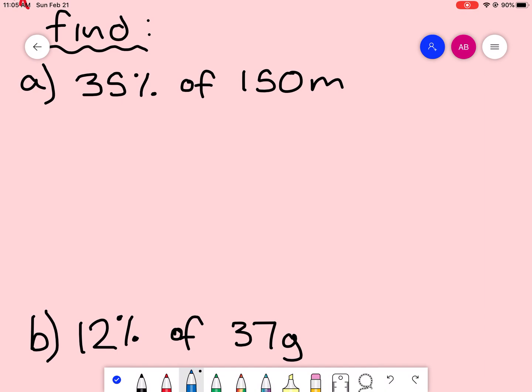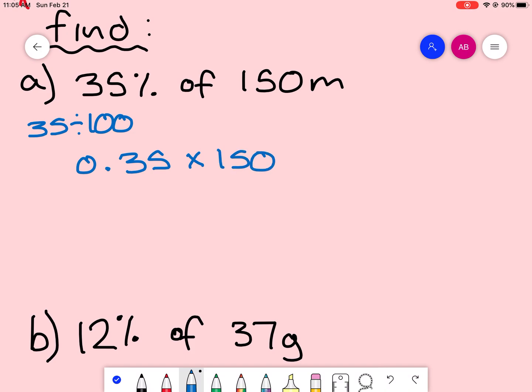So we change our percentage to a decimal first of all. So 35%, if we do 35 divided by 100, then we get 0.35. Now to find 35% of 150, I take this decimal and times it by 150. That calculation there will give me the final answer without doing any much more work.